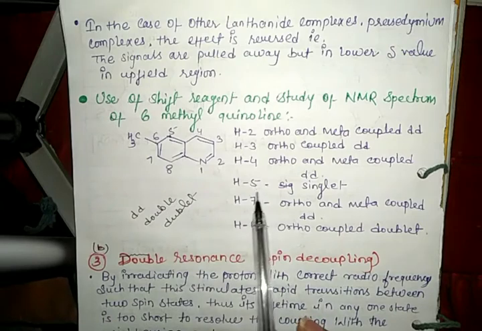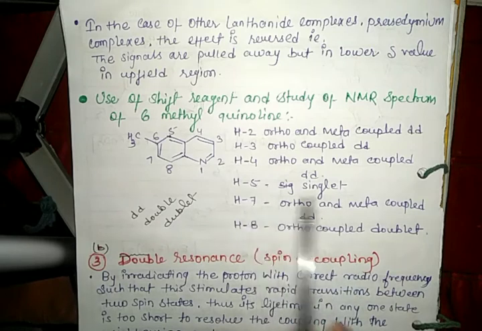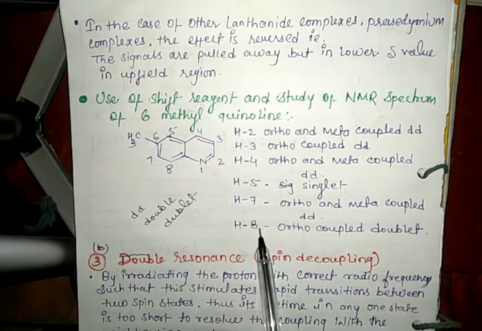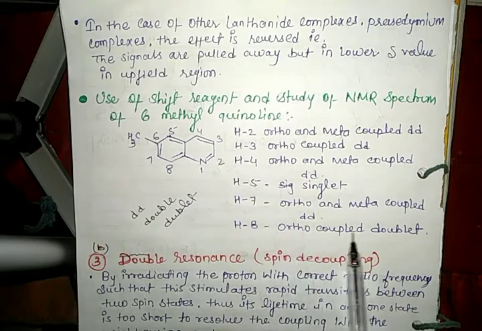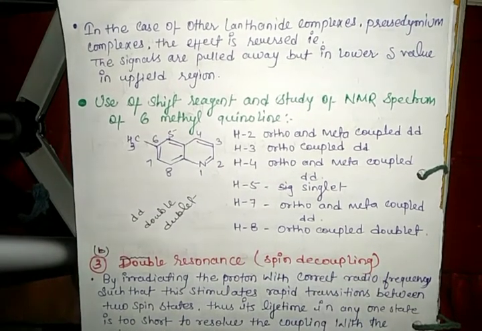For H5, this hydrogen is singlet or gives singlet spectrum. For H7, ortho and meta coupled double doublet. And for H8 hydrogen, ortho coupled double doublet. Sorry, double doublet, not only doublet.